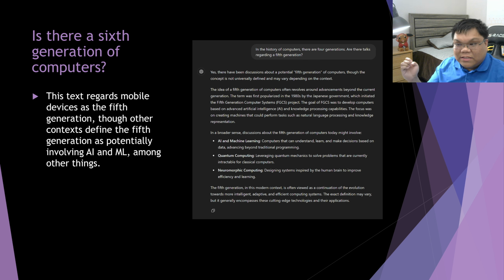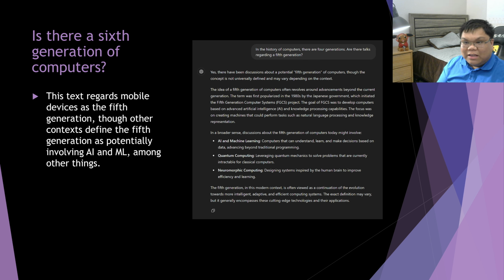If there is a 5th generation of computers that isn't mobile devices, it's probably going to be something based off of AI or maybe quantum computing or something called neuromorphic computing, designing systems inspired by the brain. If there is a 5th generation of computing, it's probably going to be AI and machine learning or quantum computing, even though quantum computing probably doesn't impact much on the personal computer level.